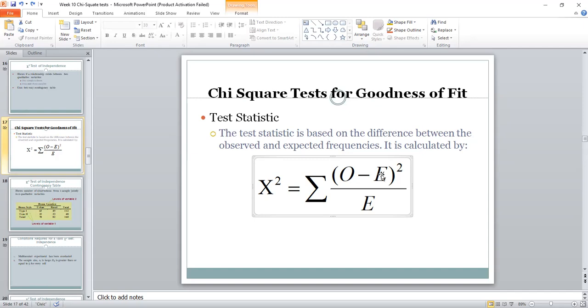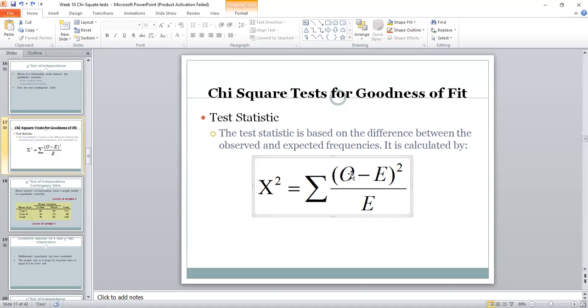E is expected, and the observed frequency O. The observed frequencies are the actual frequency distributions derived from collected data, and you'll see it here in a minute. Frequency distributions collected from data.